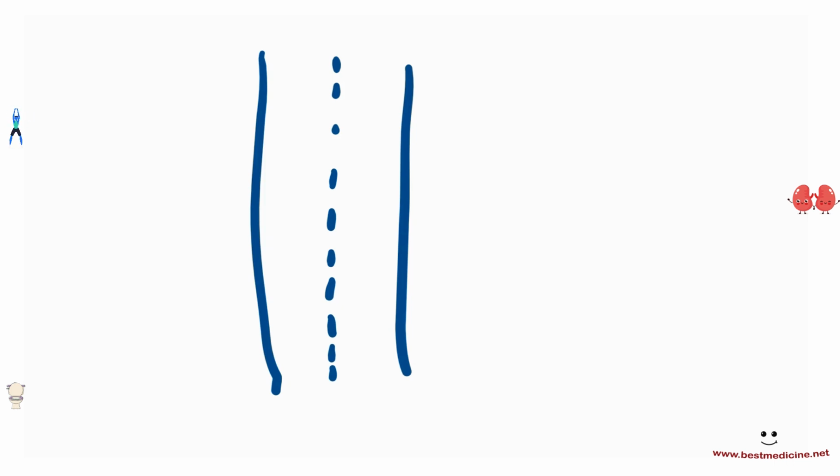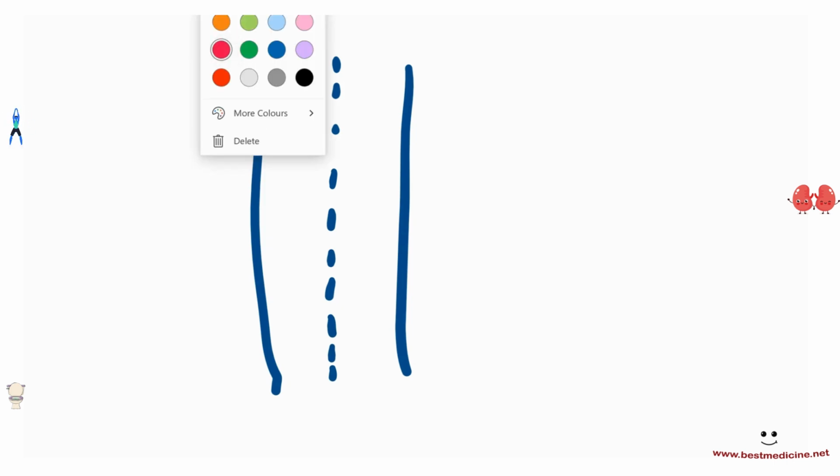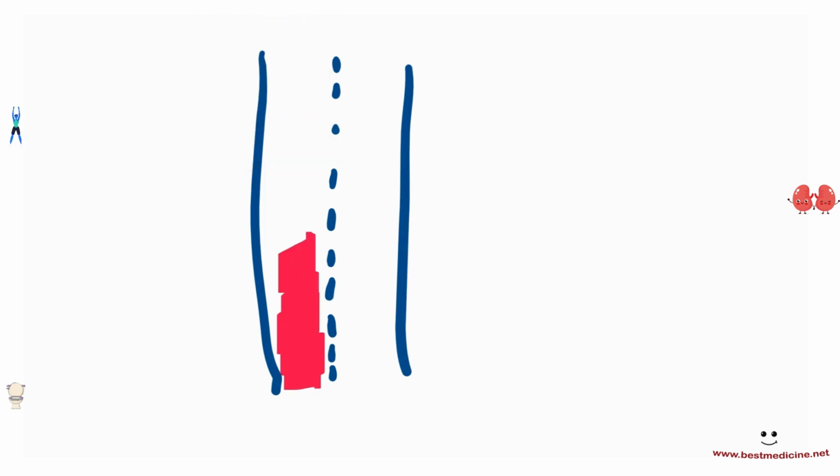Here's a chamber that they have made, and this chamber contains a partially permeable membrane. And this membrane contains two fluids. Number one, you have the blood. So on the left side, you're going to have the blood that is coming in from the person that is unfiltered.